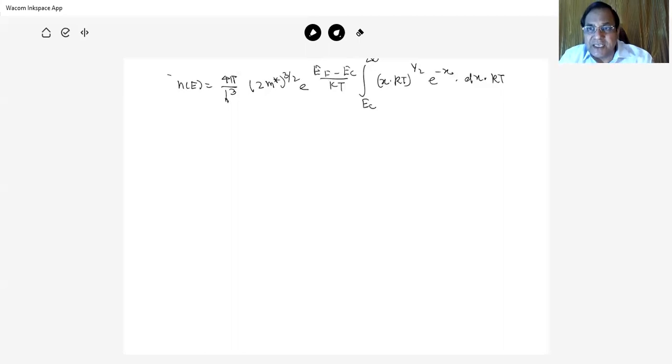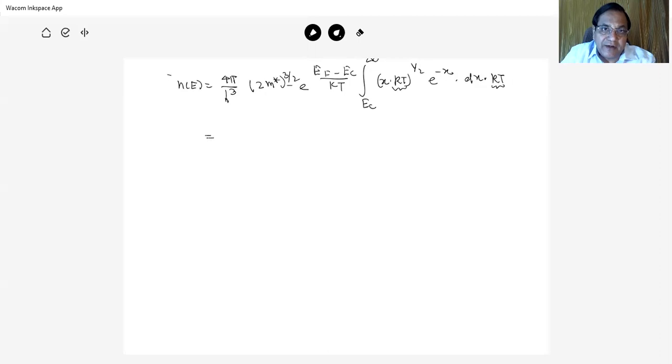So we have this kT, and here it is kT to the power 1 by 2. Combining these two parts in a multiplicative way, this is kT to the power 3 by 2, and already we have a factor here, 3 by 2.